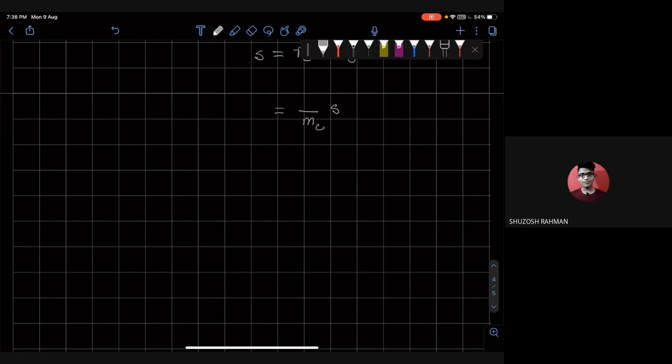Okay, let's see. I think the best thing to do would be to take the rotation axis going through one of the objects.